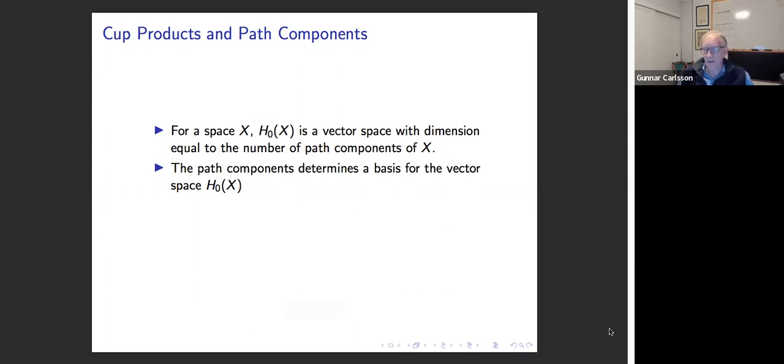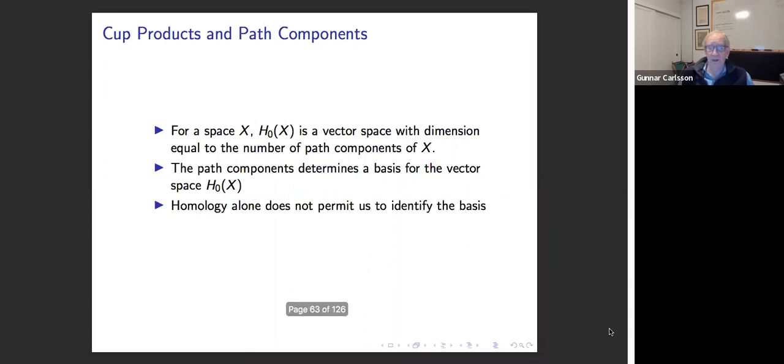That's well known, the first calculation that you do with homology. But the path components determine a basis for the vector space H naught of X, because each one corresponds to an element in H naught. So there are some elements in H naught of X which are not part of that basis, obviously, and so they're instead linear combinations of components.